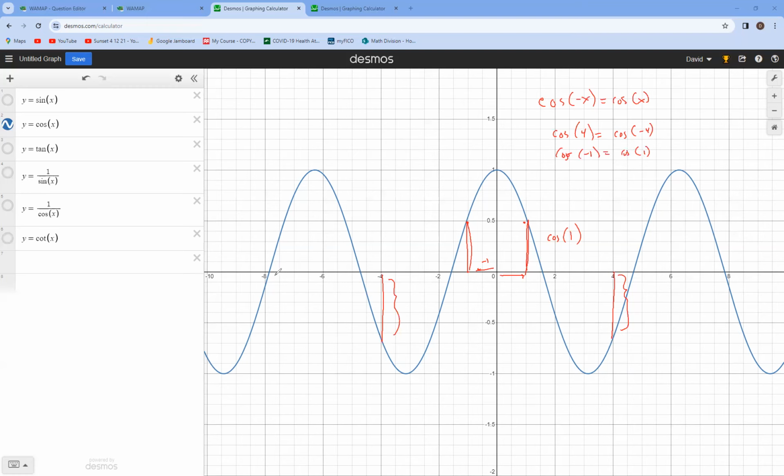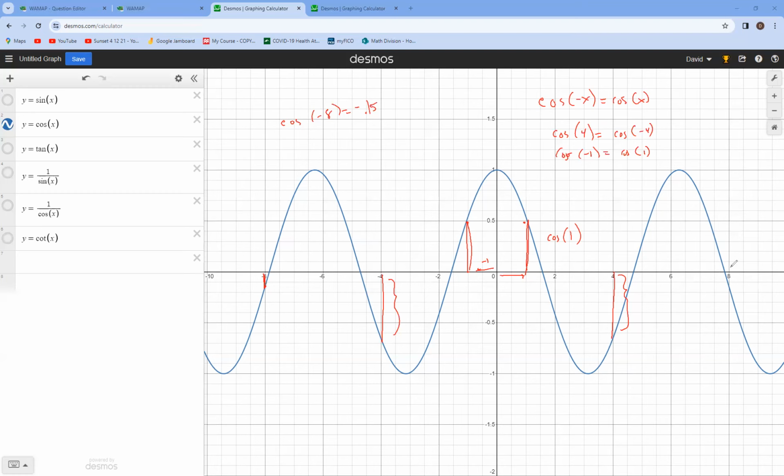If you go all the way out here to 8, -8, I got a cosine of about negative, so maybe the cosine of -8 is about negative 0.15 or something like that, approximately.